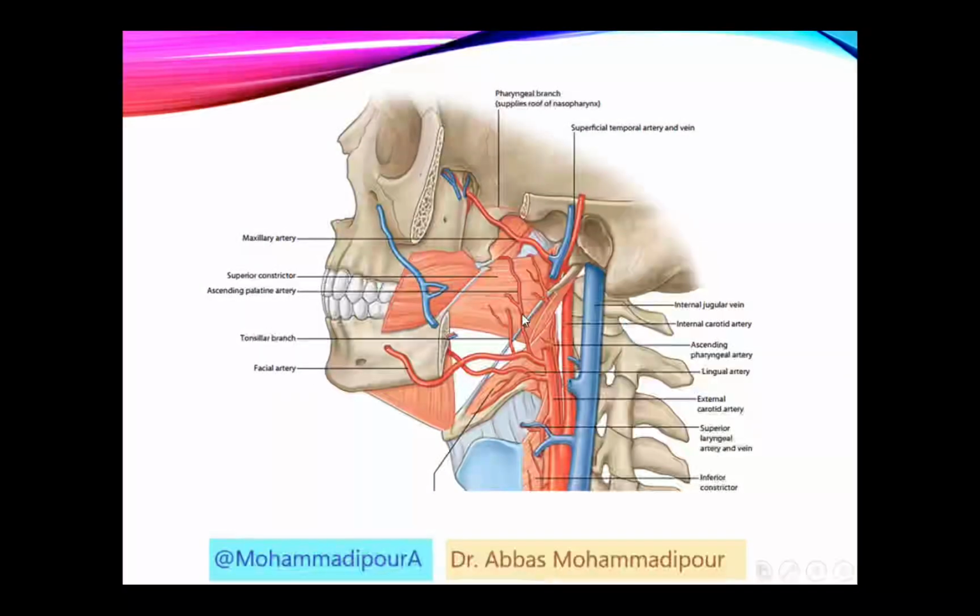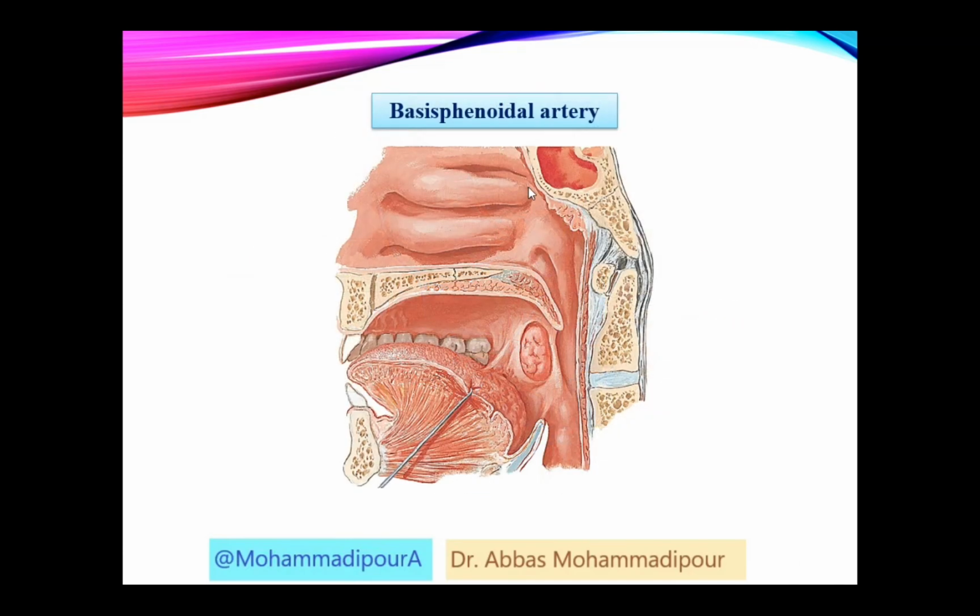The pharyngeal tonsil is mainly supplied by these two arteries, the ascending pharyngeal artery and also by the ascending palatine artery. In addition to these arteries, the basisphenoidal artery also has a role in supplying this tonsil.